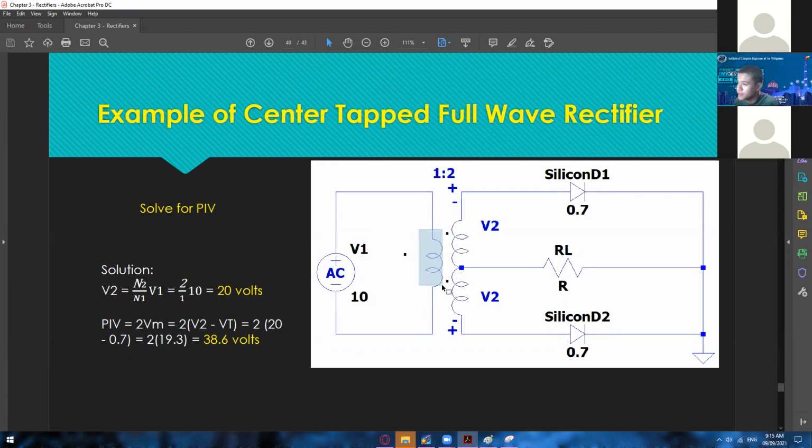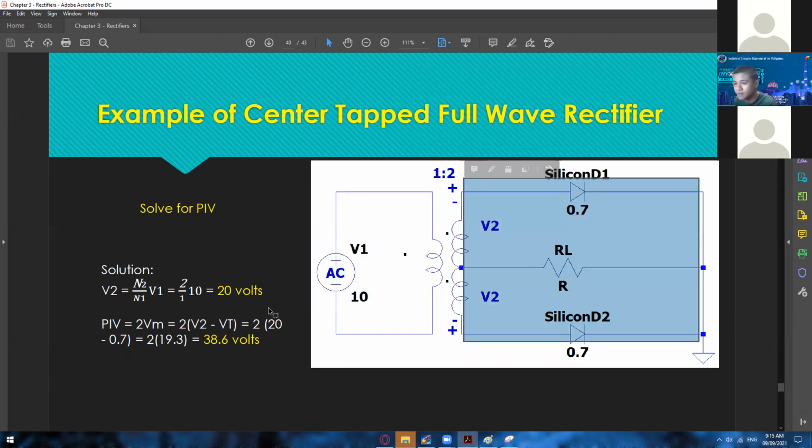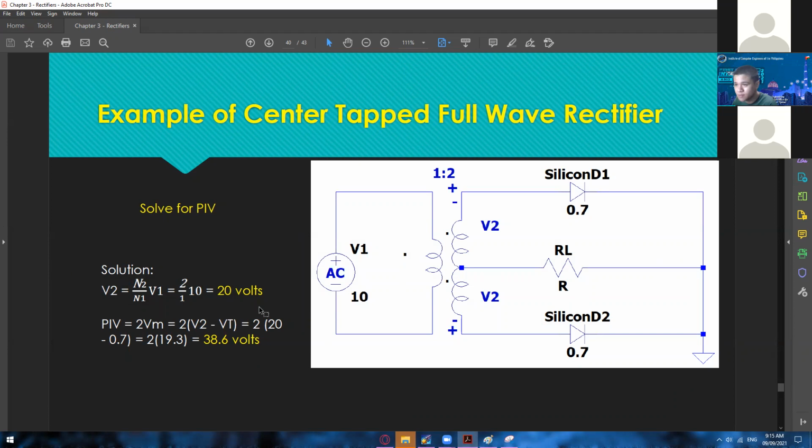Then we have one inductance on the primary and two inductances in total. As you can see, we have a ratio of 1:2, meaning whatever your input is will be doubled. If we have a 10 volt reading, it can give you an output of 20 volts. That is the reason why we have this 20 volt reading right here.